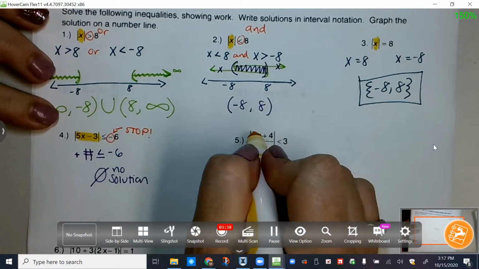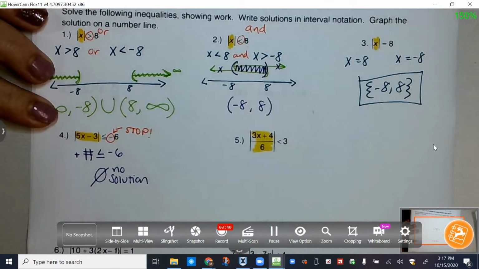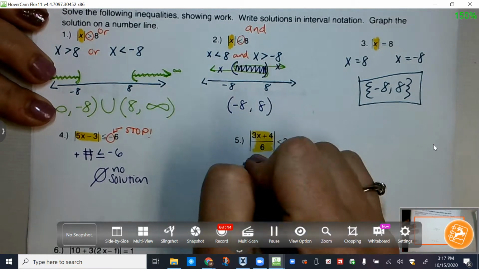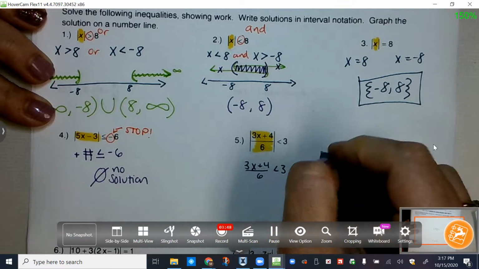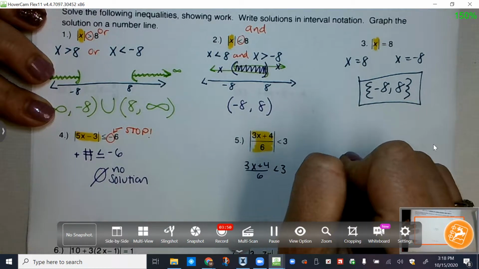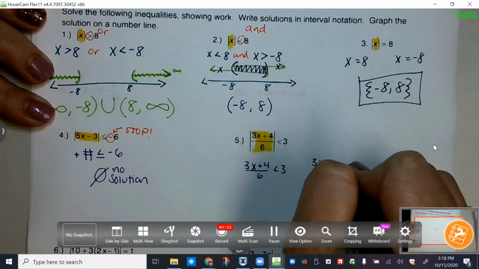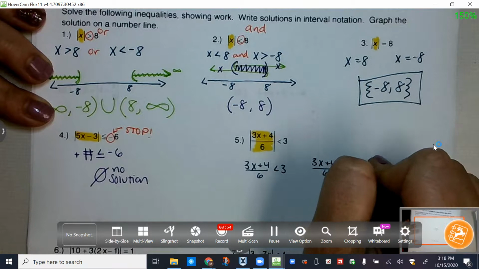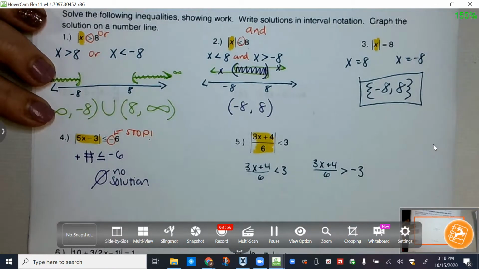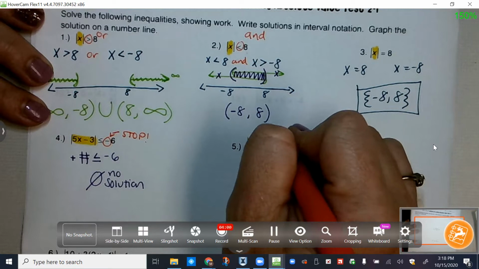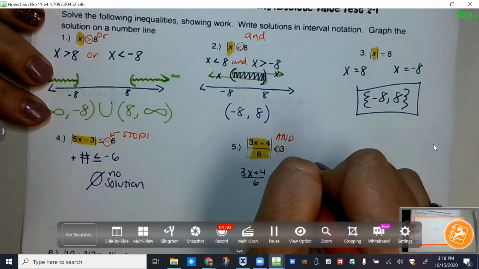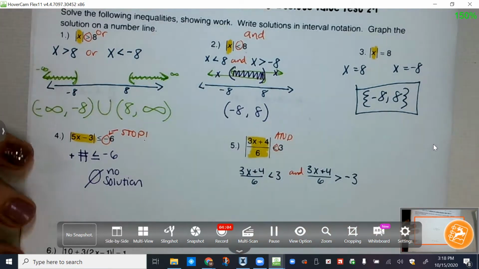Okay, here our absolute value is alone, so we're going to write it exact. And then we're going to write it opposite inequality, negative after. And we need to figure out if this is or and. So this is less than, so it's an and situation. So knowing that, now we need to solve.